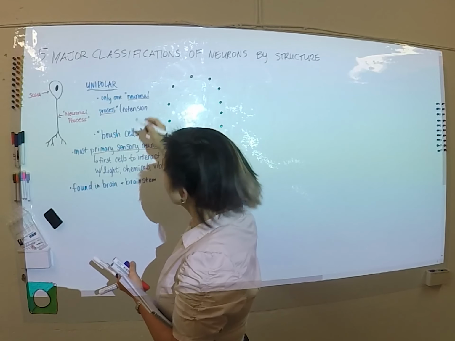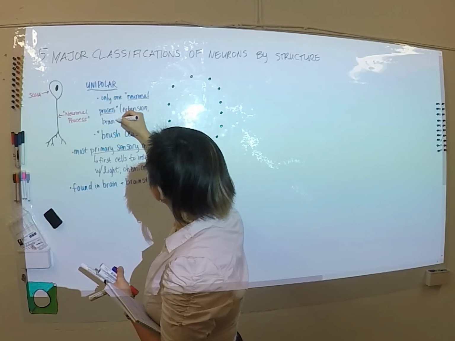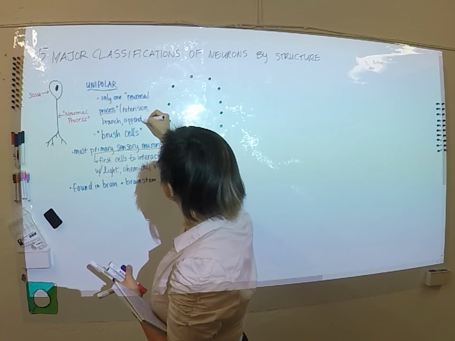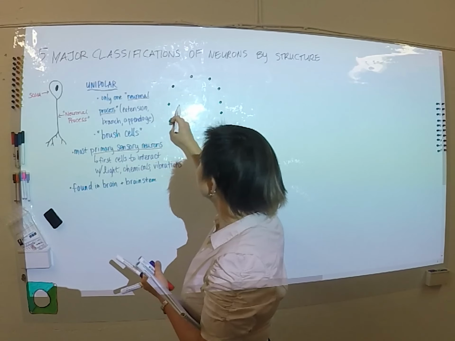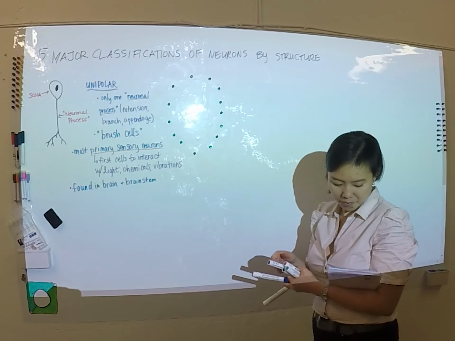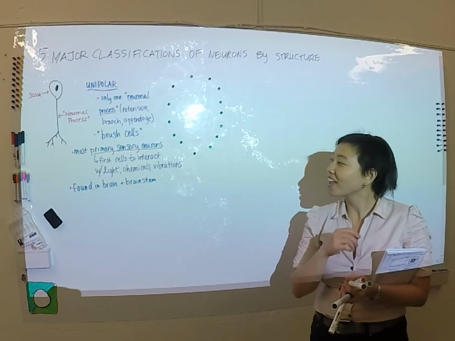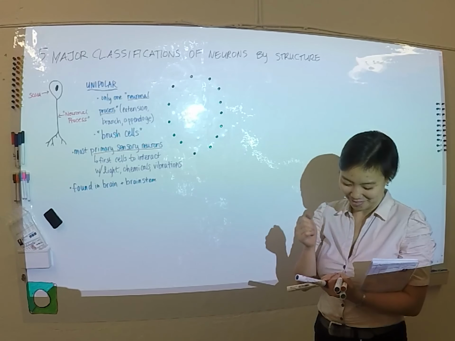Branch or appendage. All right, lovely. Okay, so that's unipolar. Can you guess what the next one will be?